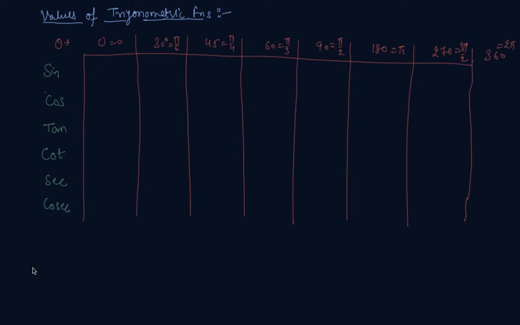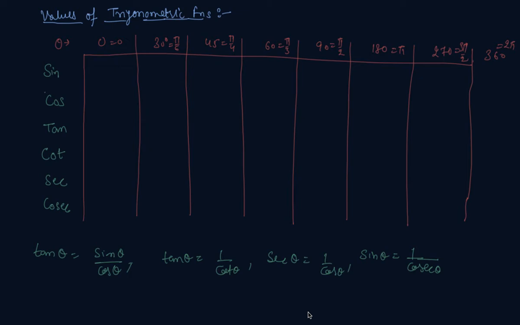Students, before telling you the values of all these functions, I hope you all remember these relations from the previous classes: tan theta equals sin theta by cos theta, tan theta equals 1 by cot theta, secant theta equals 1 by cos theta, sin theta equals 1 by cosecant of theta. Okay, these are the important relations I hope that you all remember from the previous classes.